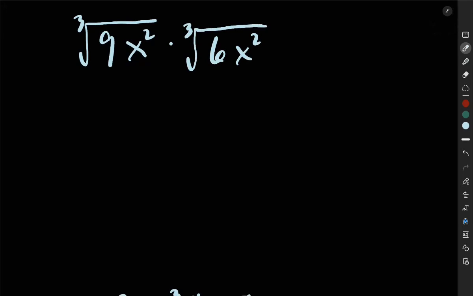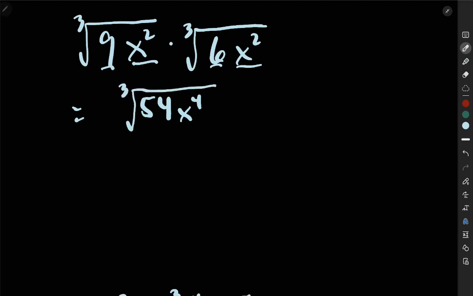So you just multiply 9 times 6, that is 54. And then x squared times x squared, that's x to the power of 4. And then just copy the radical symbol. So next is we're going to simplify the product. Since it's cube root, we want each exponent to be a multiple of 3.